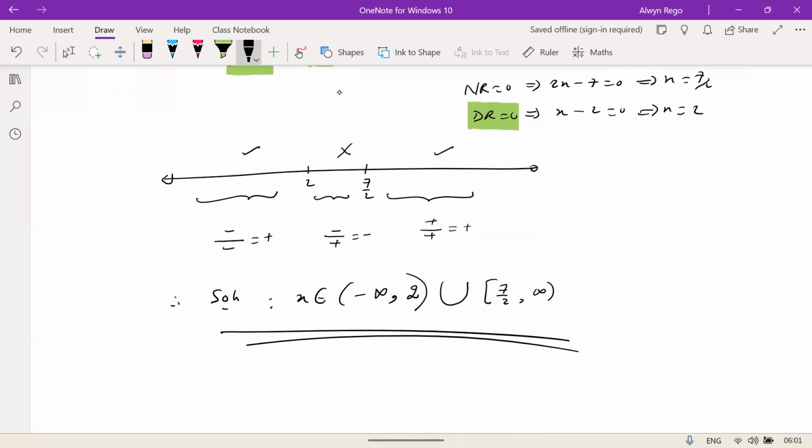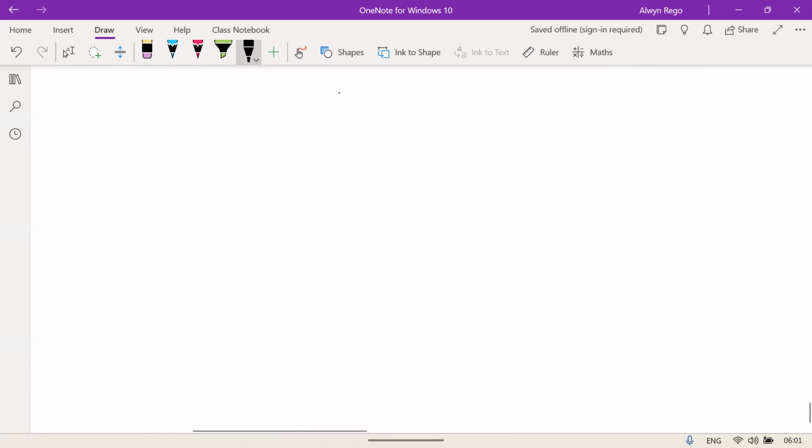Let's take one more. Let's take a system of inequalities now. I'll take a little complicated system. So solve the system of inequalities, of course.